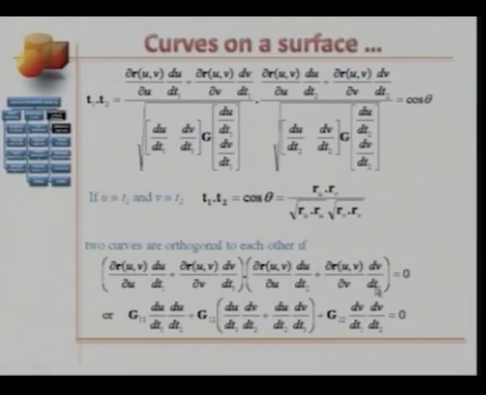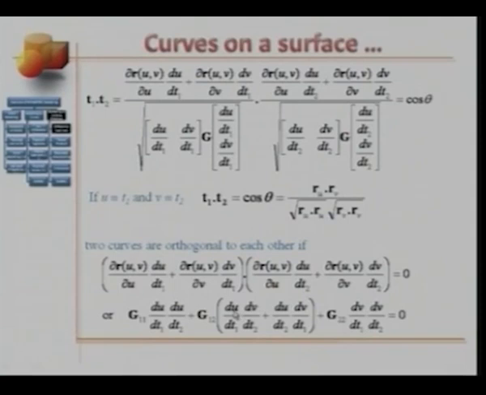You can do your algebra, simplify your result to get g11 du over dt1 times du over dt2 plus g12. Note that g12 and g21 are the same, and g12 and g21 are actually ru dotted with rv.